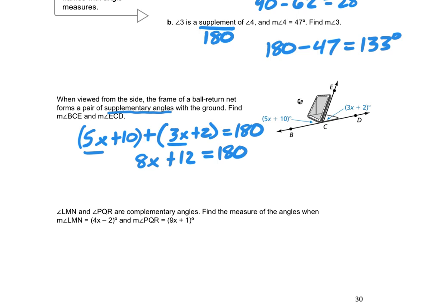And now we're just going to solve it out from there. Subtract 12 from both sides. And 168 divided by 8. What's that give us? Okay, 21. 28.